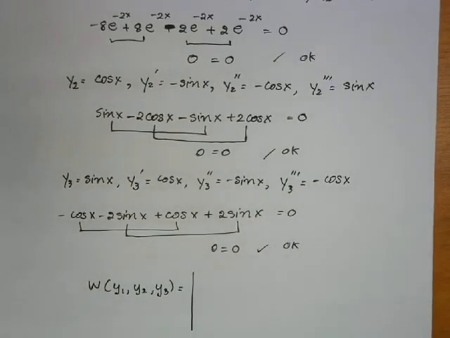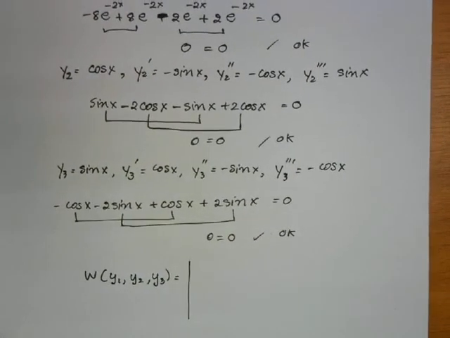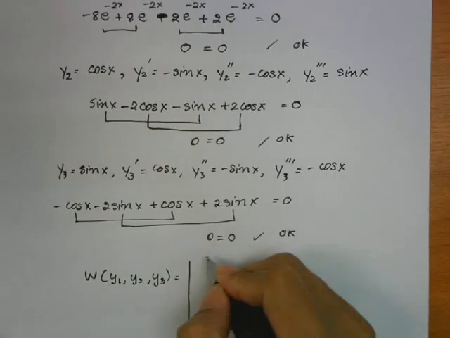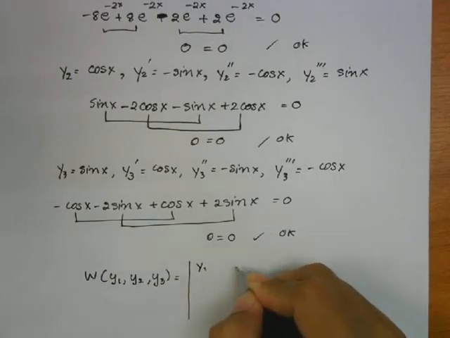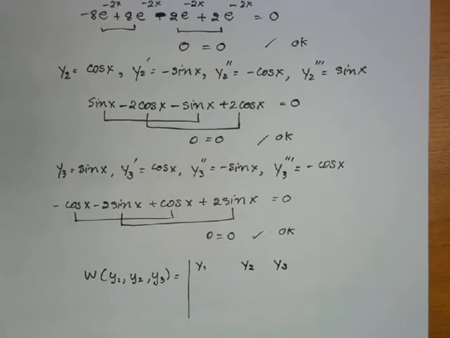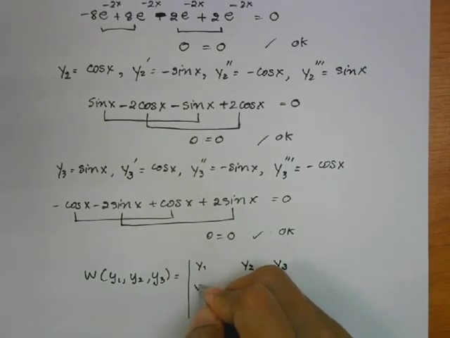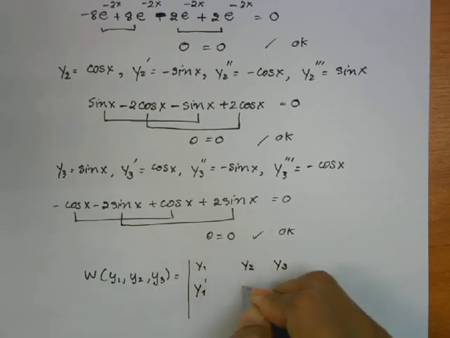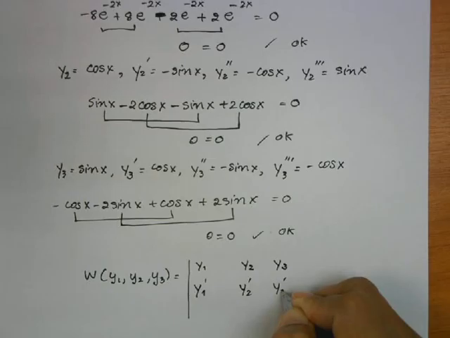Now, what is the size of the matrix? 3 by 3, right? So you have y1, y2, y3, and then the second row is the first derivative of y1, the first derivative of y2, and the first derivative of y3.